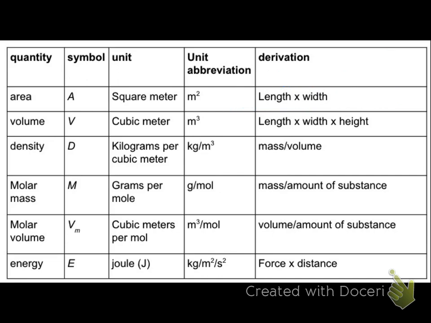You will all notice also that in the SI system, we use units of milliliters or liters. So those are other units that we use with this. I'll explain this to you.